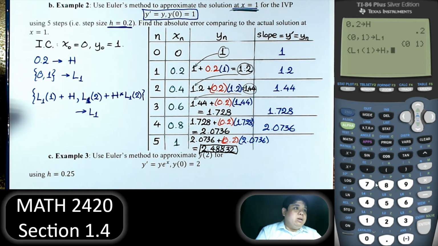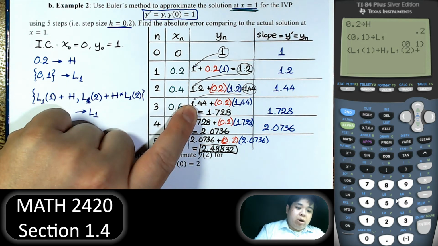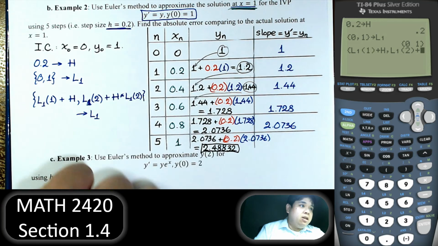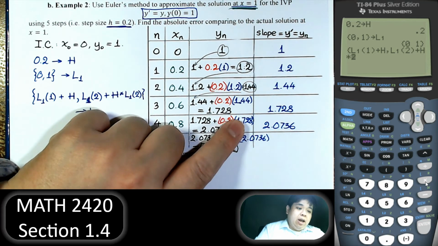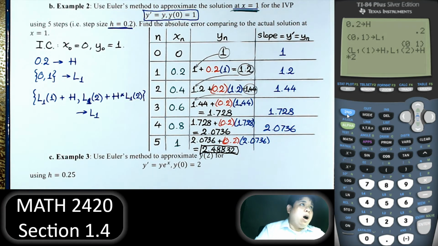The second component will be equal to the old component plus the step size. You can just type 0.2 or we can use H. Either way works. Times the slope. The slope happens to be just y, right? So it will be just y, the second component of the list. Close the curly bracket, store into the list.